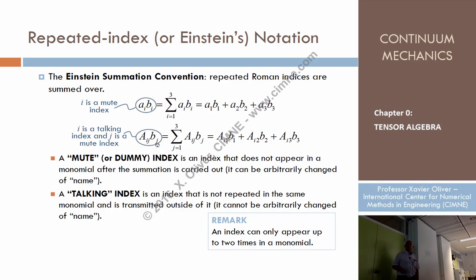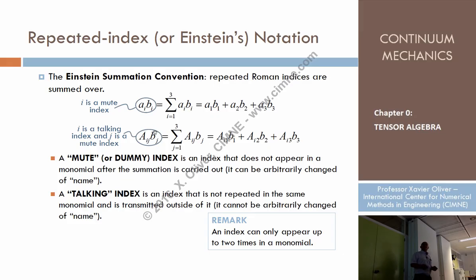The index j is repeating, but the index i is not. That means that I have to replace that by a summation on j only. So that's a_i1 b_1 plus a_i2 b_2 plus a_i3 b_3. Okay? So only the repeated index is summed. The other index remains, like here, i remains.